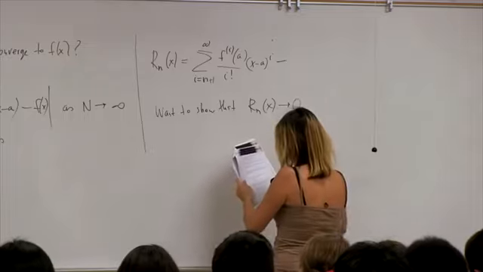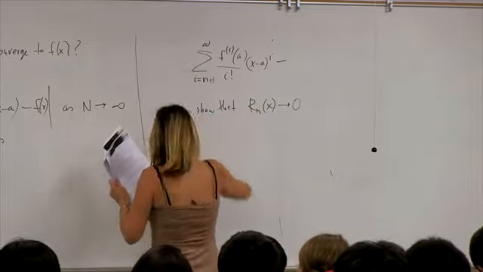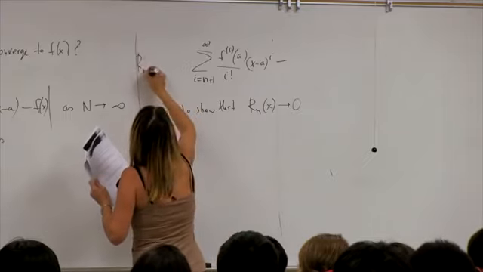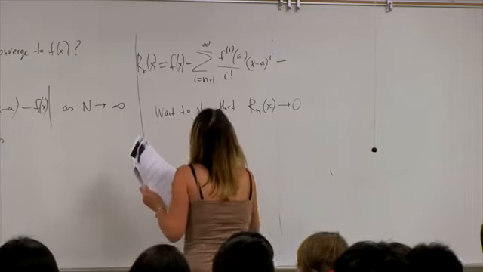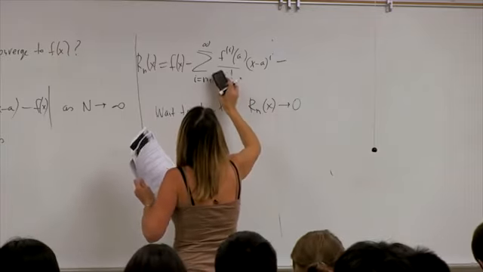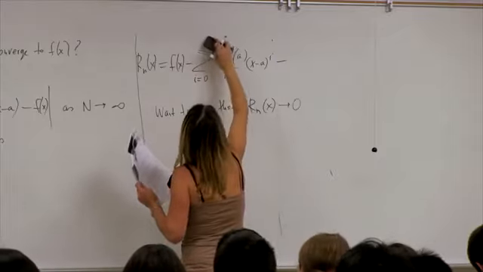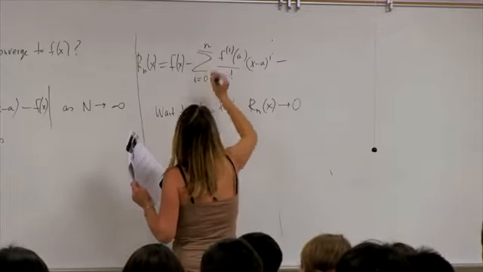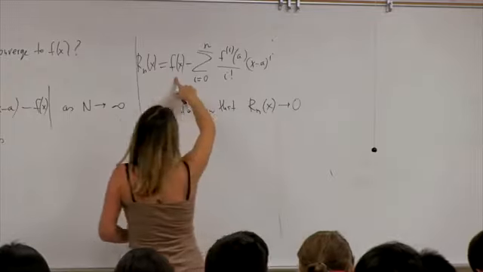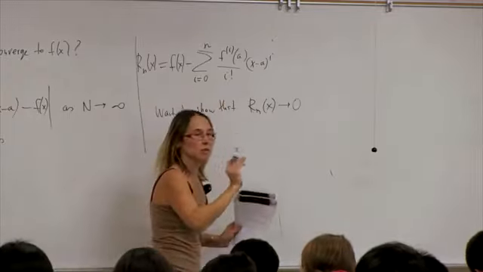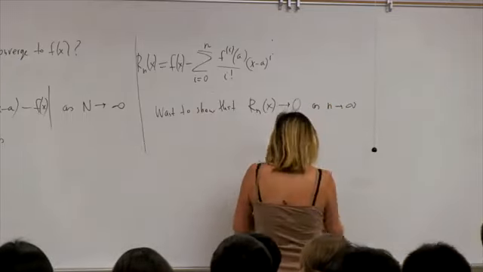I'm sorry, I confused the notation. This is the definition. So it's the difference between the target function and the first n terms in my summation. I want to show that this goes to 0 as n goes to infinity.